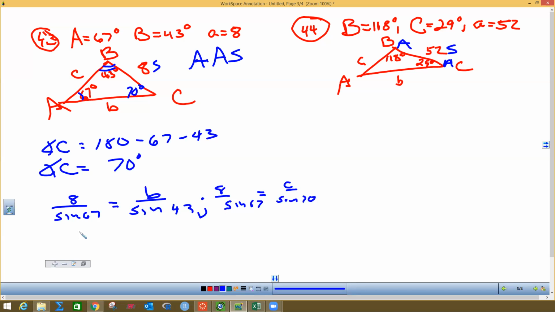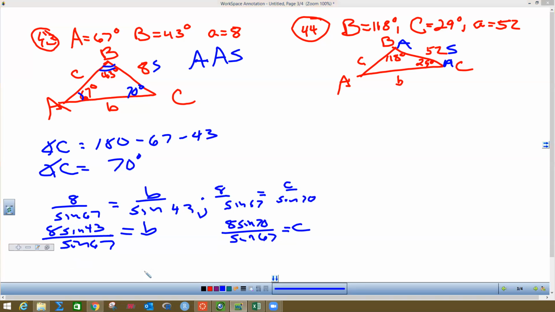Okay, so I'm going to multiply this over. Somebody type that one in. I'm going to multiply this sine of 70 over. So someone tell me what B is to 3 decimals.